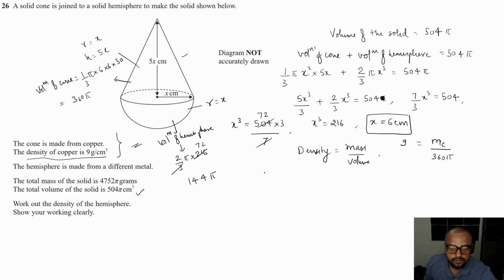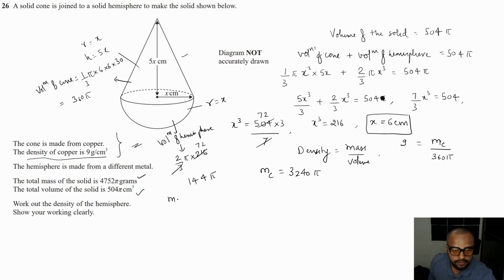So from here we can say that mass of the cone will be 360 into 9. It will be equal to 3240 pi. Okay, this is the mass of the cone. Total mass of the solid is given 4752 pi, and we have calculated mass of the cone.